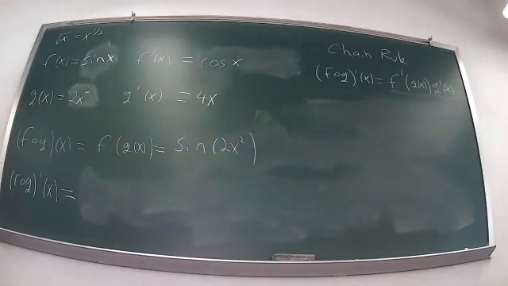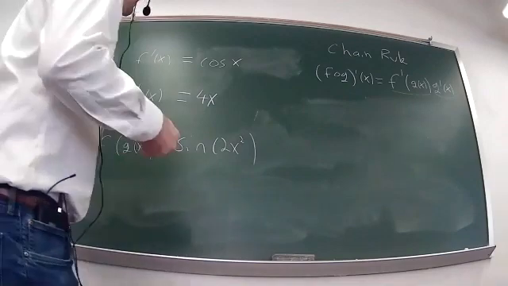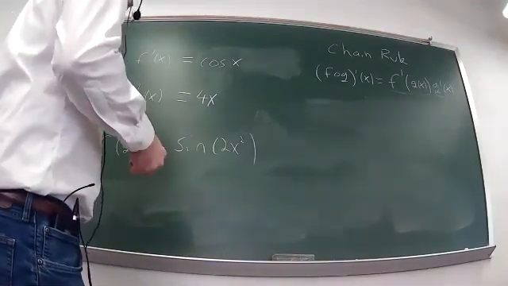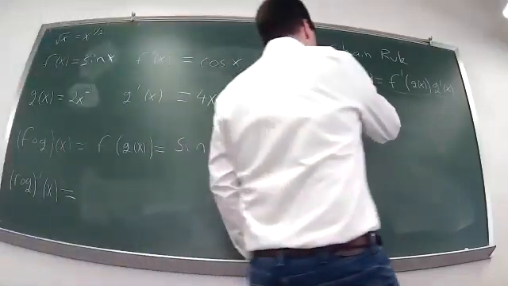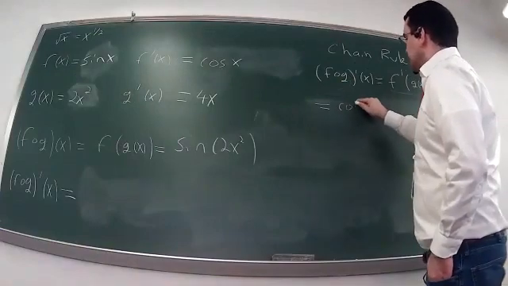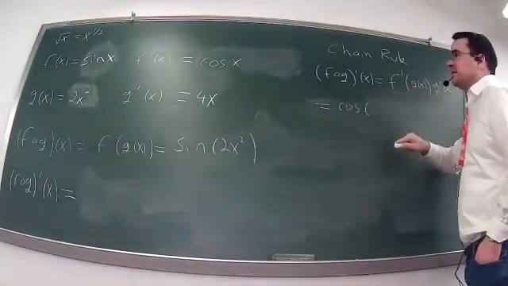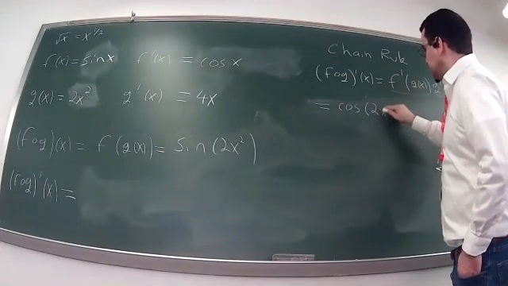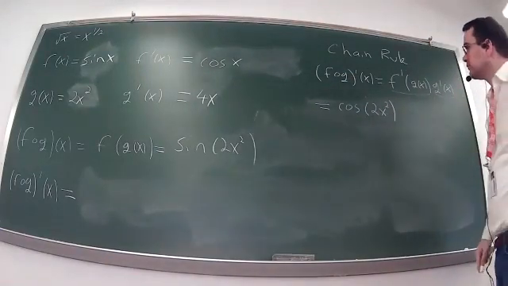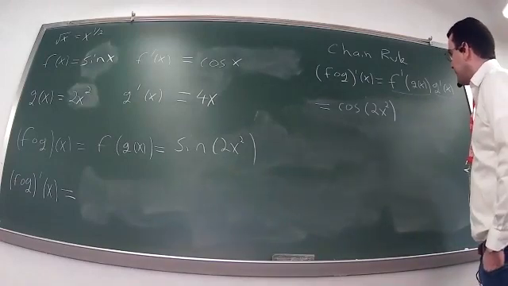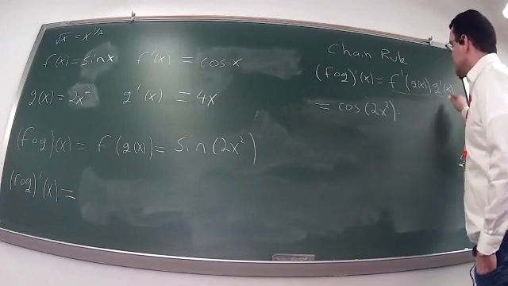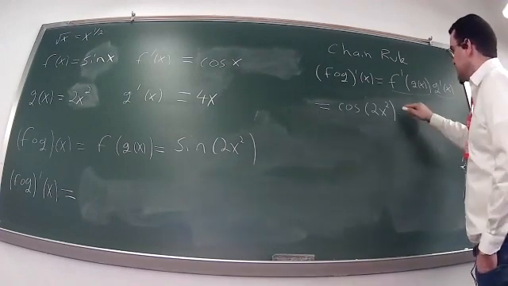Therefore, the derivative of sine of 2x squared is equal to the derivative of f, that's cosine, plug in g of x, that's 2x squared, times the derivative of g of x, which is 4x.